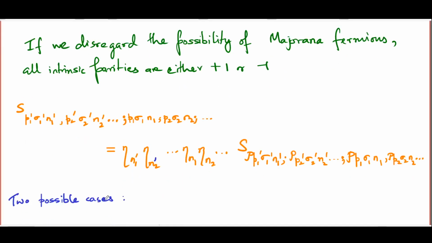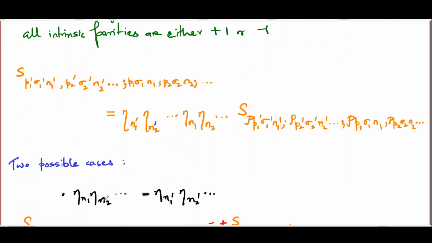So we have two possible cases. One is when the product of the intrinsic parities that you began with is equal to the product of the intrinsic parities of the particles that are produced in the distant future, and therefore this overall factor here will be plus 1.